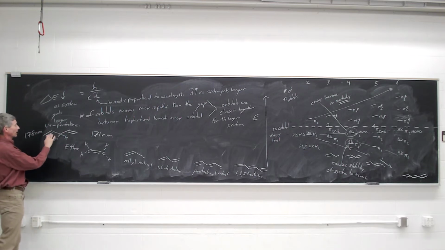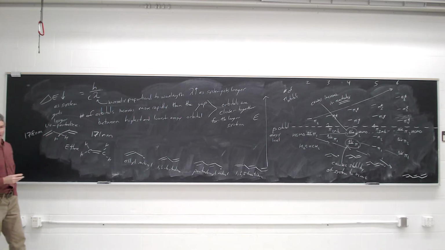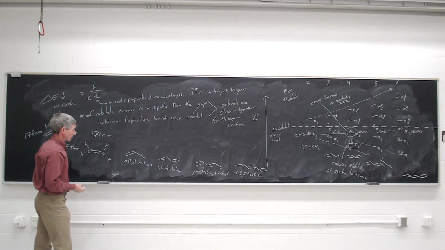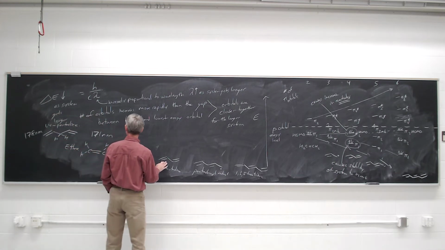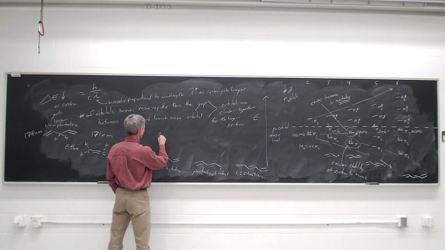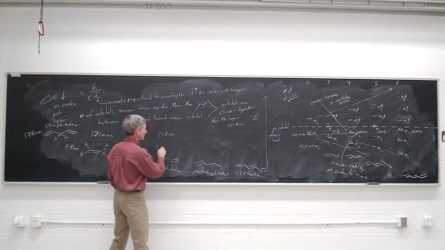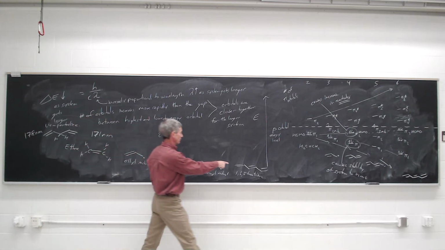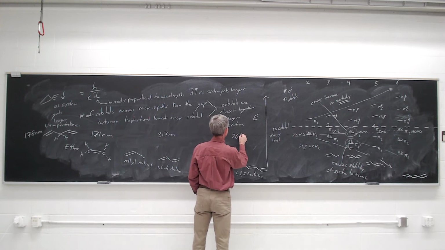Each of these pi bonds is roughly not interacting with the others. If we look at the 1,3-butadiene, though, that goes up to 217 nanometers. And if we look at 1,3,5-hexatriene, that goes up to 268 nanometers.